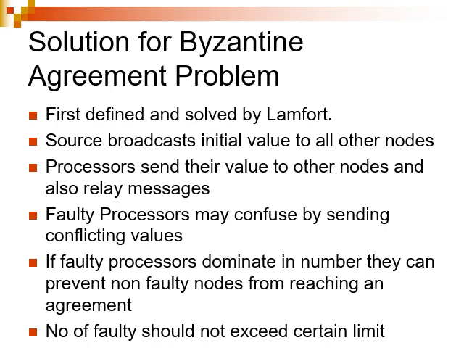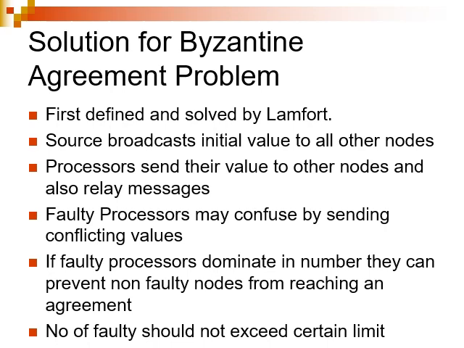So there is a primary node or source node that will broadcast a value to all other nodes, and processors will send their own values to other nodes, and also relay whatever messages they receive, forwarding them to other nodes.